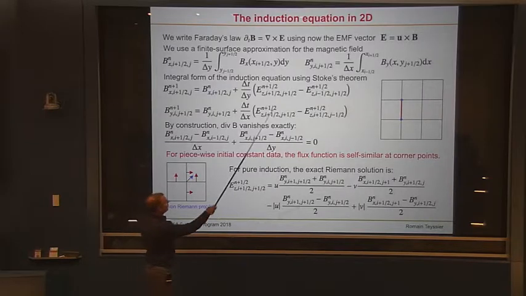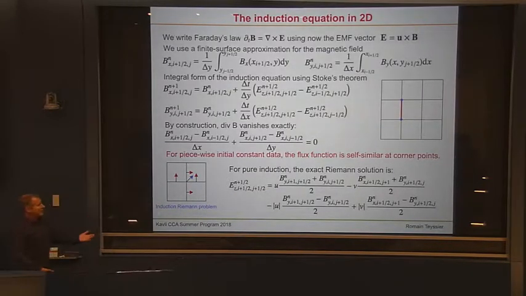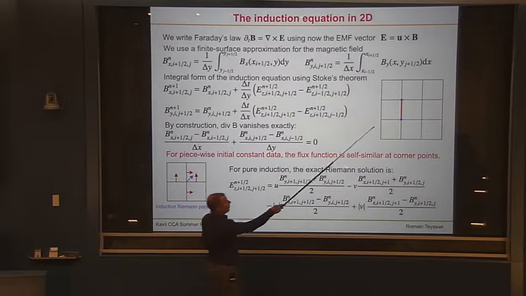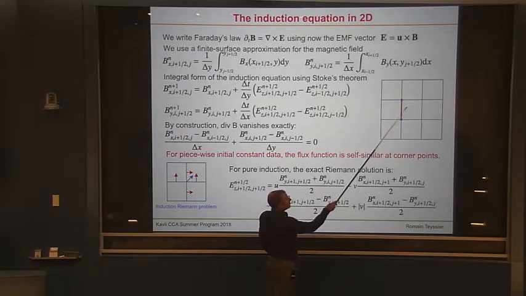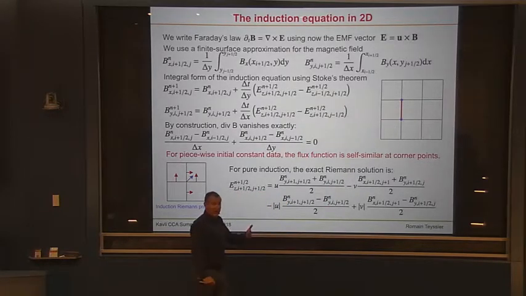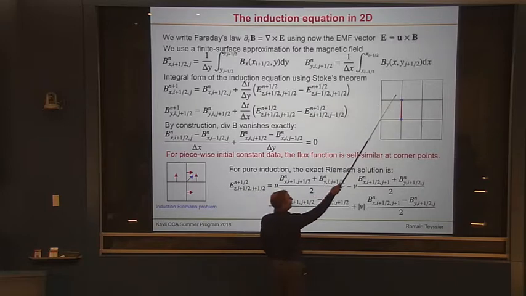Now, how do you compute Ez? Here, exactly like for the Godunov schemes, you have a Riemann solver to solve a Riemann problem. For each corner point, you have 4 possible values for the electric field. Those 4 possible values use the 4 velocities and the 4 magnetic field values from these 4 cells.